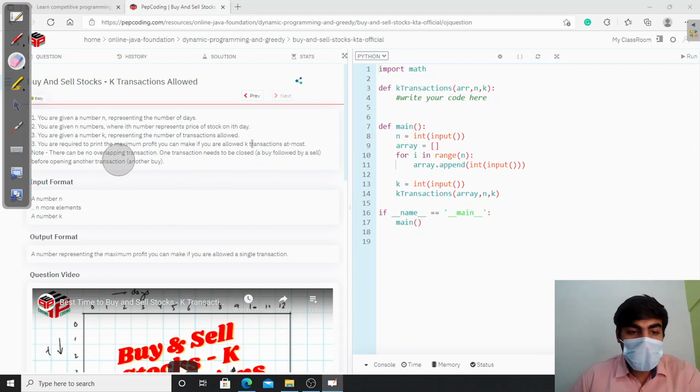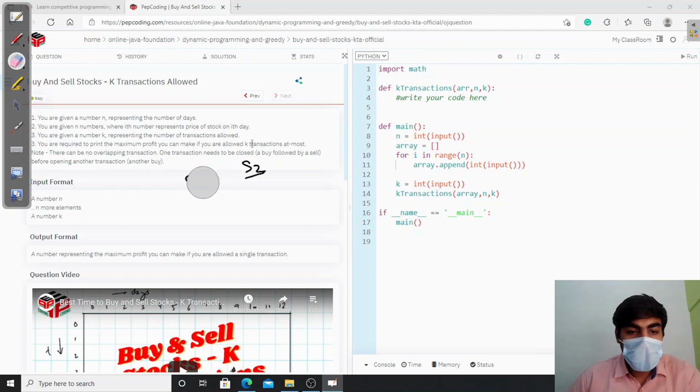Another type of overlapping is buy one, buy two, sell one, sell two: we are selling the first after buying one and buying two, and then selling two. So this is also overlapping. We cannot do this type of transaction here. You only do buy one, sell one, buy two, sell two. This type of transaction.